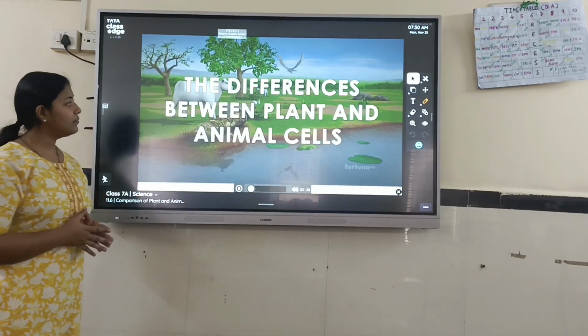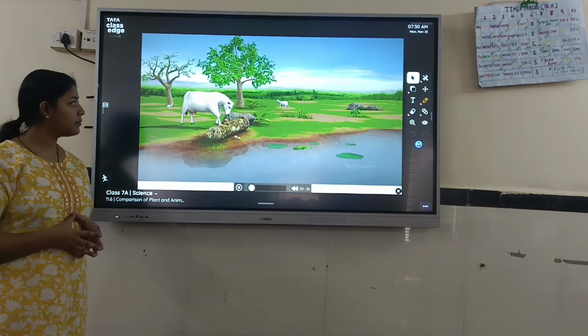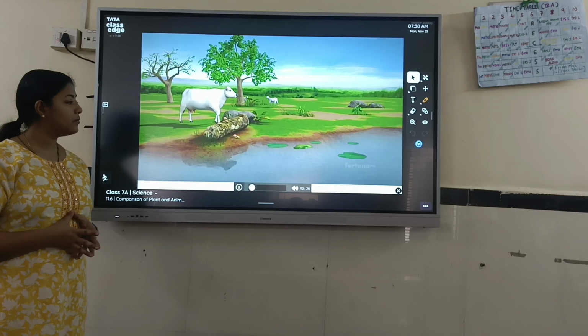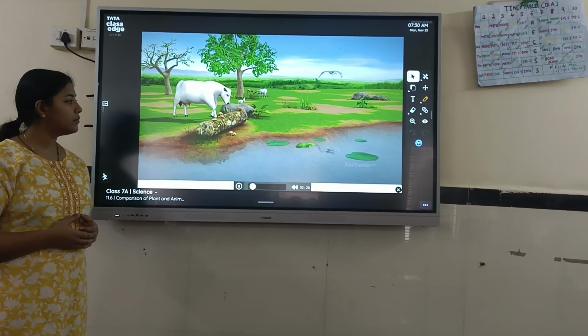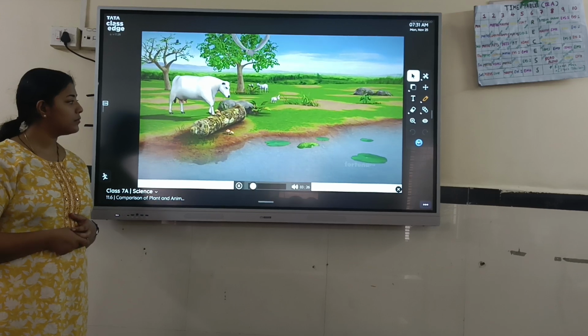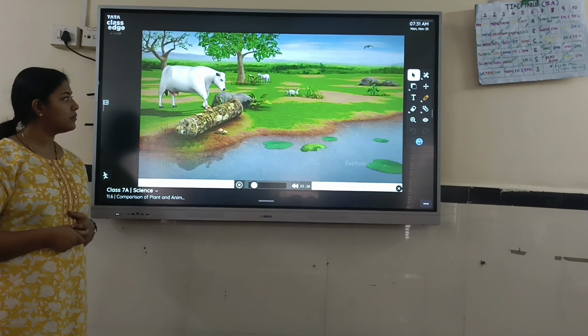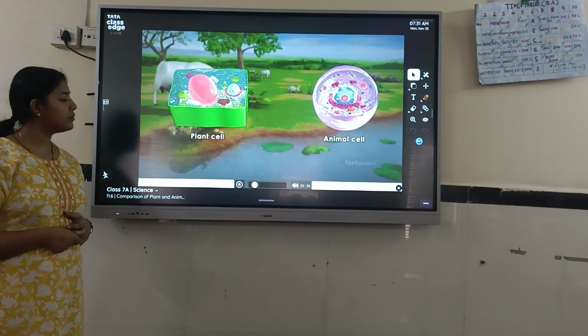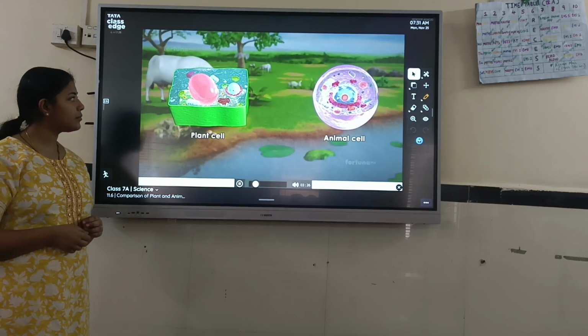The differences between plant and animal cells. All living organisms, including all plants and animals, are composed of cells. Although their purposes are similar to hold the organelles, there are some key differences between plant and animal cells. In this session, we will take a look at how they differ.